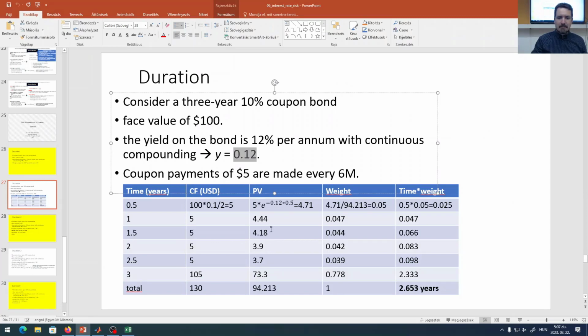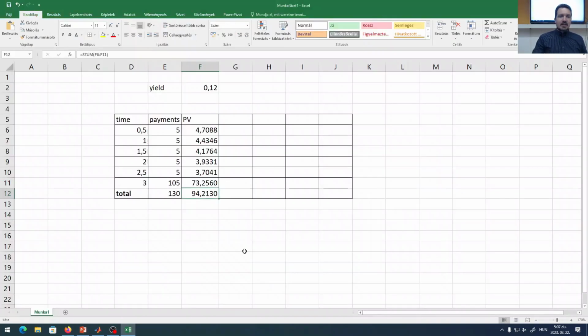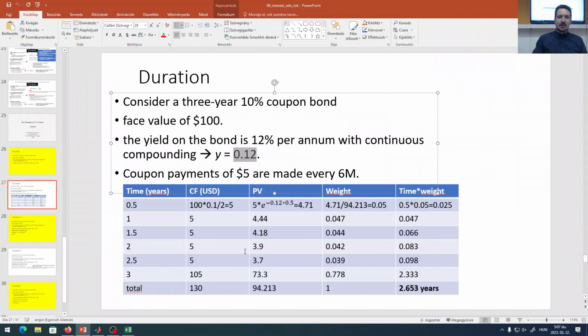So at the end of the day, the present value of the entire cash flows will be 94 US dollars. And after that, we have to see how much of these payments will be proportional for these different time periods.